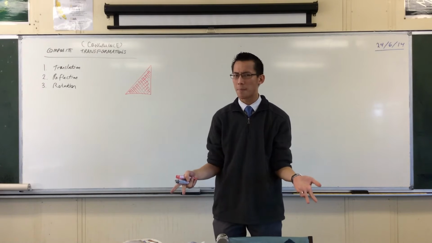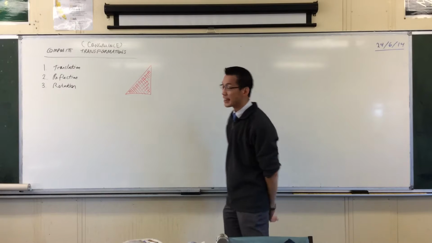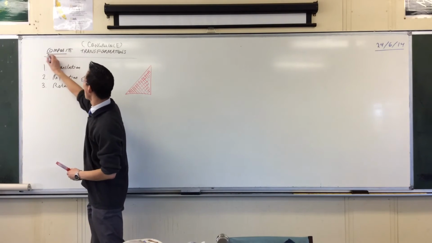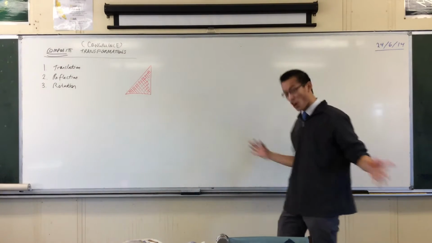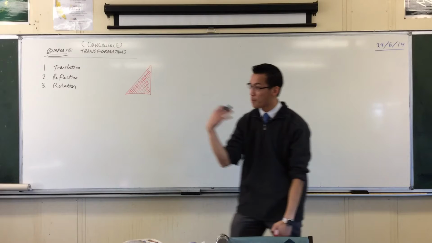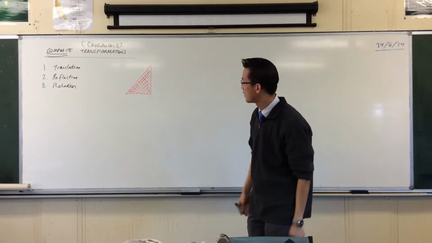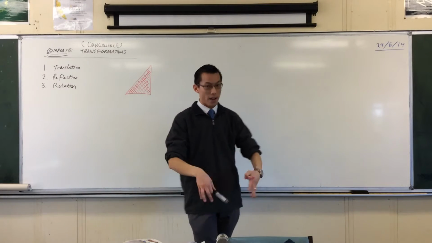What might composite mean as a general term? I think what it refers to is when you've got many things composed together. Like if you compose a novel, it's like putting a whole bunch of words together. Or a composite number, lots of factors go into it, okay? So composite transformations is where you do a whole bunch of these, one after another.